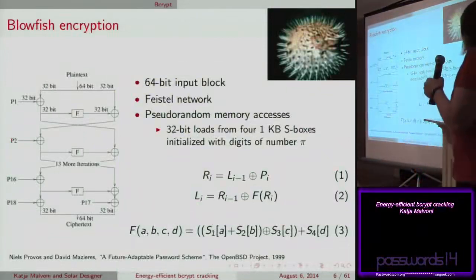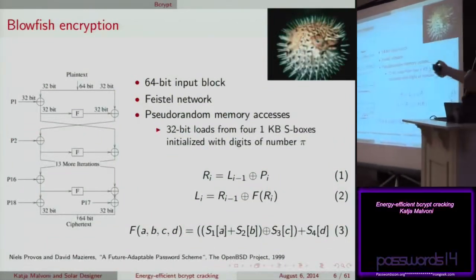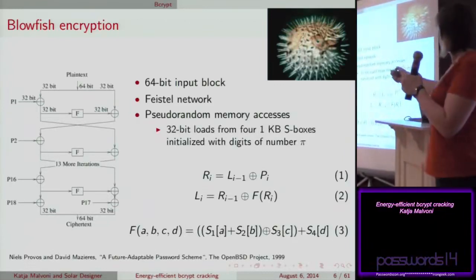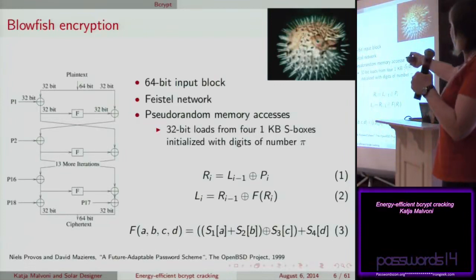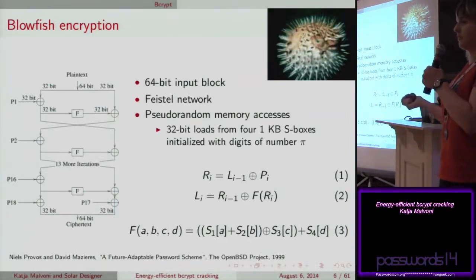So if you already know everything about bcrypt, here's Blowfish, so you can admire the wonders of nature. And bcrypt uses Blowfish encryption based on this Feistel network. It receives 64-bit input, divided into 2 halves, and those halves are fed into the network. P boxes, so these P1 to P18 are actually the P-box.